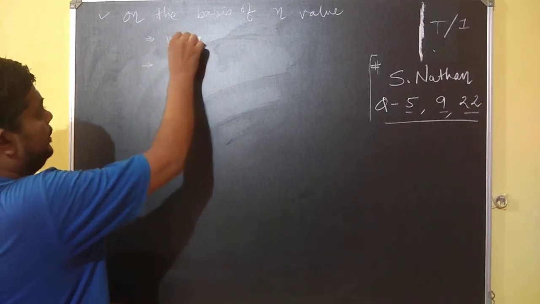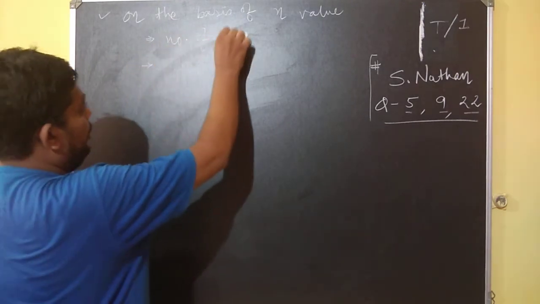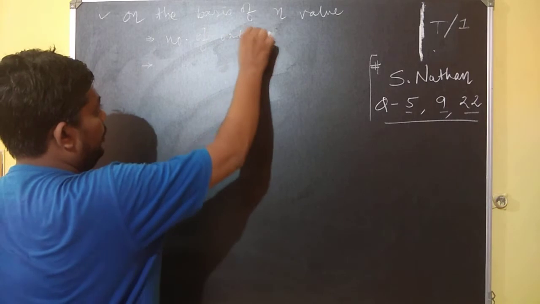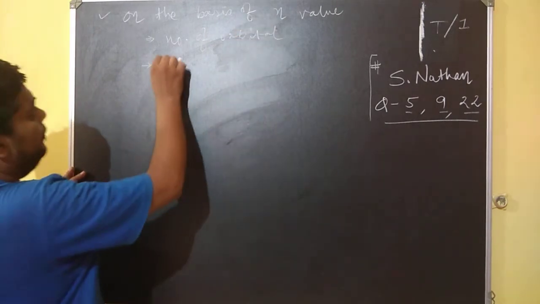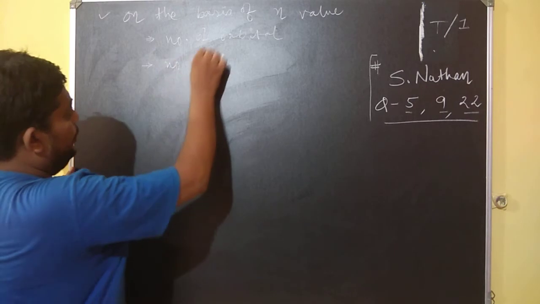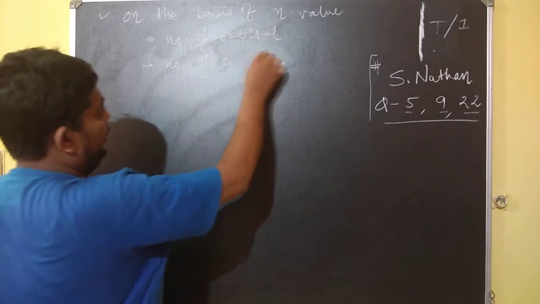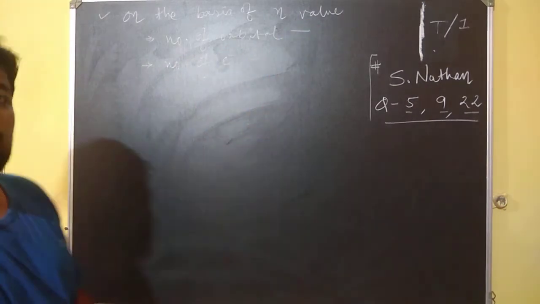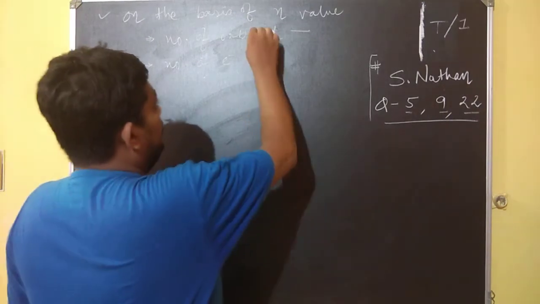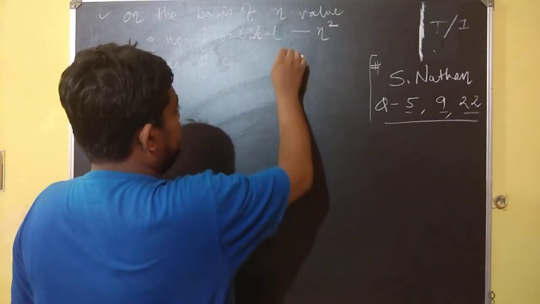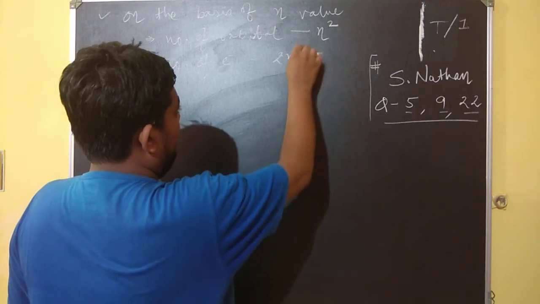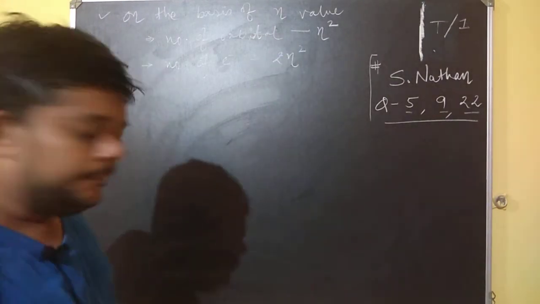They are respectively number of orbitals and number of electrons, using two popular formulas, that is n square and 2n square.